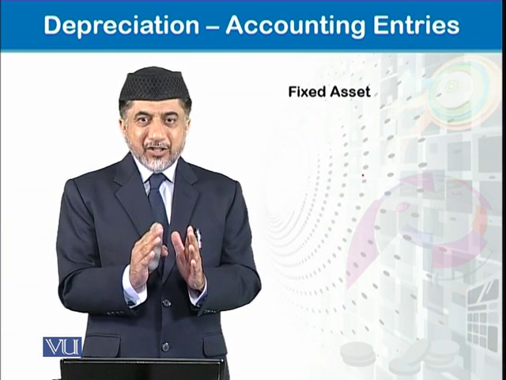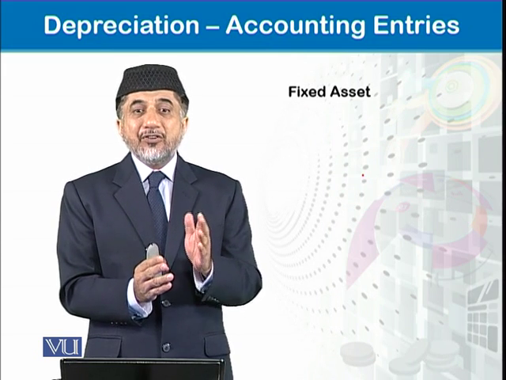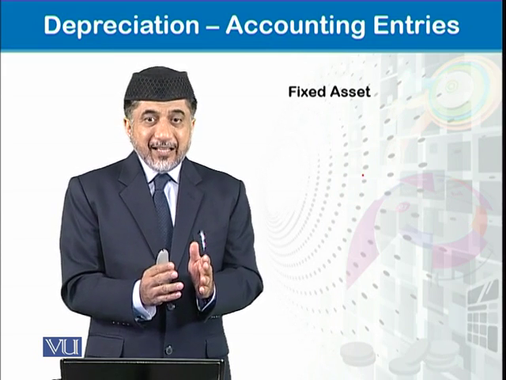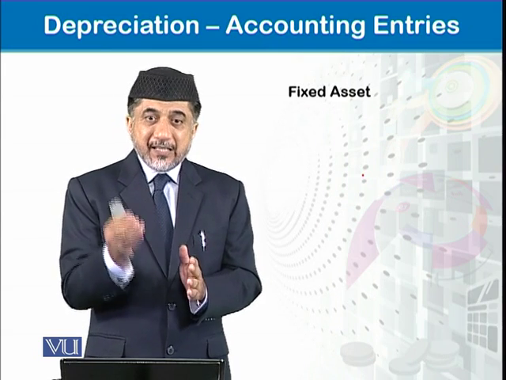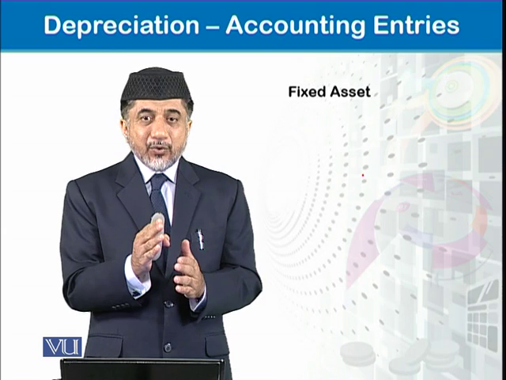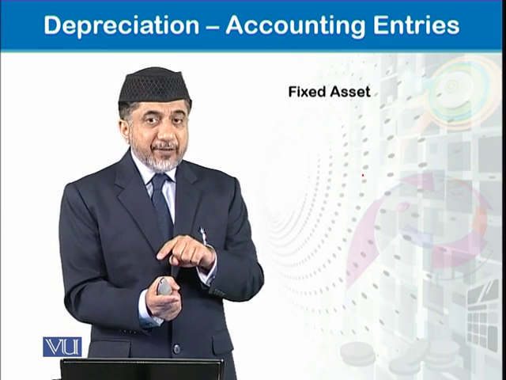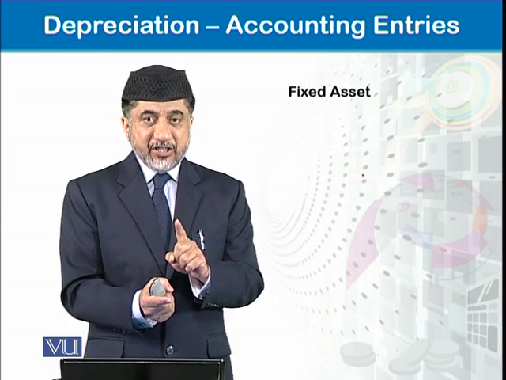Got it? So the fixed asset account will not be reduced because of depreciation directly. Rather, depreciation will be accounted for with its reciprocal credit effect in the provision for depreciation account.